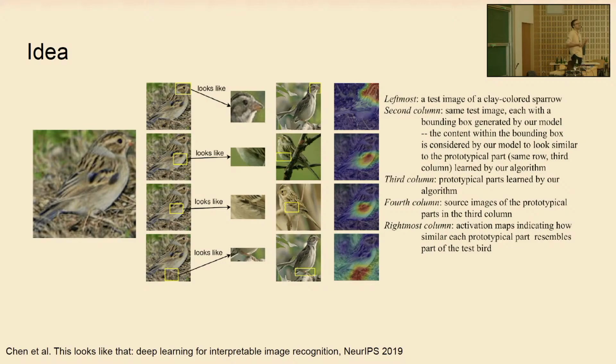Those are prototypical parts, so parts of the object. There is a cognitive theory, as I said, which says that in our brain, we have some representation of that kind of parts of the object, right? Like the legs of the chair, the belly of the bird, the head of the bird, right?